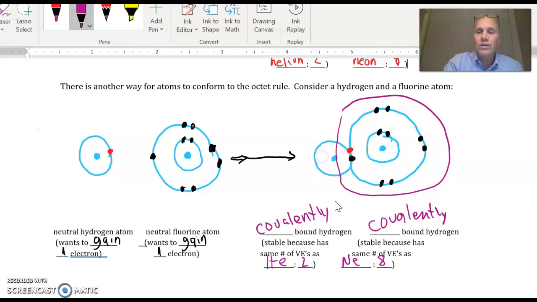So you would still say it's obeying the octet rule, even though it doesn't have 8 electrons. That's because the octet rule just means that it wants to have the same number as the closest noble gas. A simplified way of saying that is that it wants to have a full outer valence shell. For hydrogen to have a full outer layer, it wants to have 2 electrons.